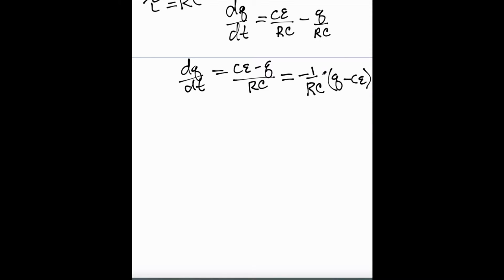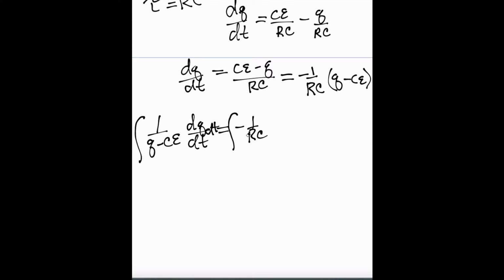Well, it actually is in a handy form right now. We can divide both sides by this expression, so we'll have 1 over q minus ce times dq/dt equals -1 over rc. If you've done separation of variables before with this kind of expression, you know that what we're supposed to do is integrate both sides with respect to time.